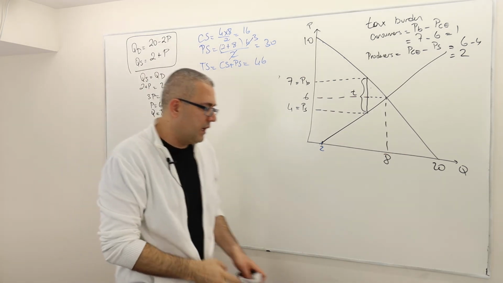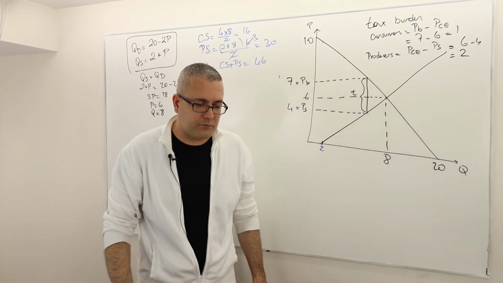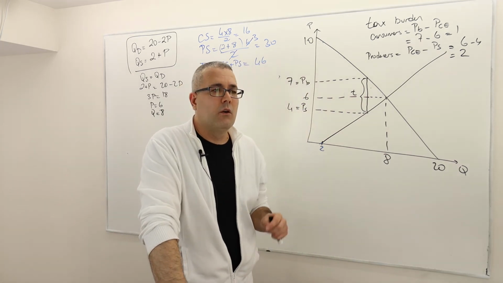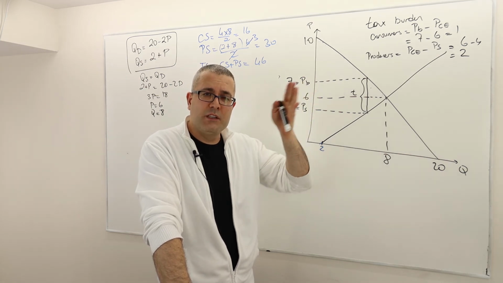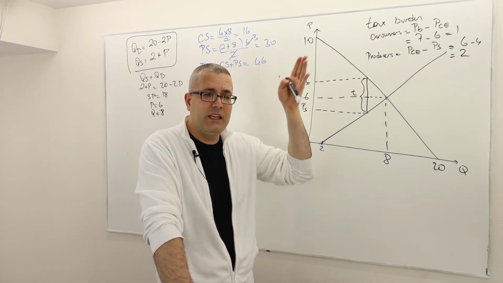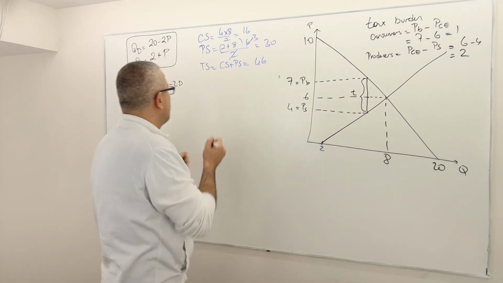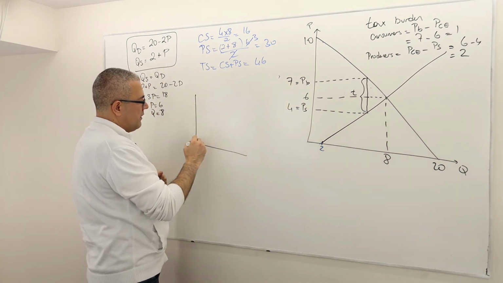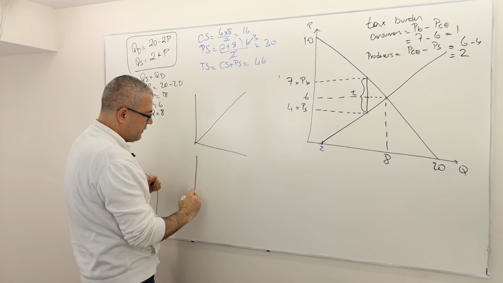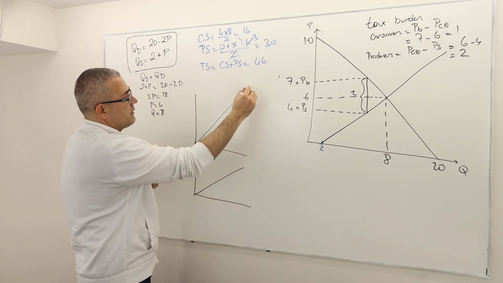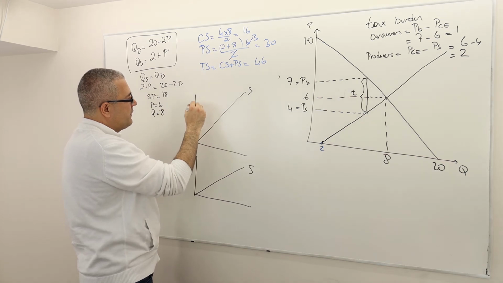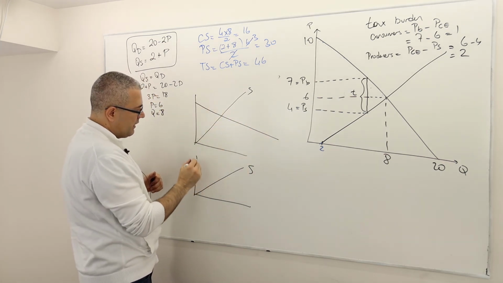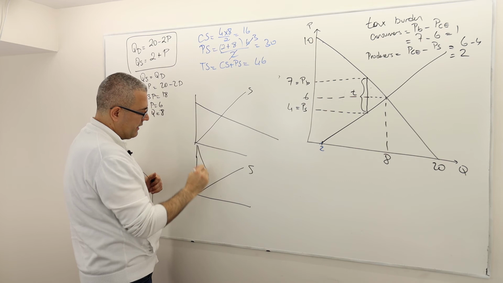Think of, for example, gasoline or tobacco, alcohol. The consumer demand curves are highly inelastic. All right, so think of it this way. Let's keep the supply curve fixed in two scenarios. In one case, the demand curve is highly elastic. In the other, it's highly inelastic.